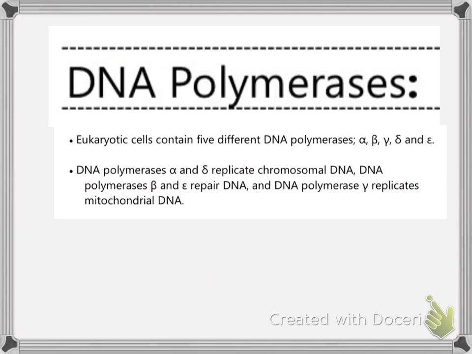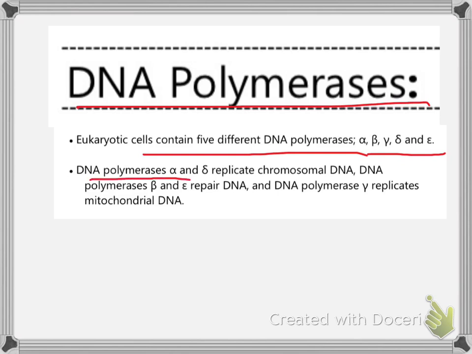Next one is the most important enzyme, DNA polymerases. Eukaryotic cells contain 5 different DNA polymerases. They are alpha, beta, gamma, delta and epsilon. DNA polymerase alpha and delta replicate chromosomal DNA.